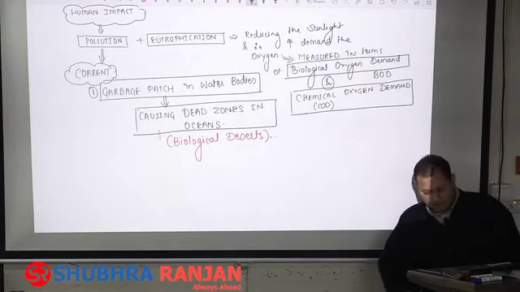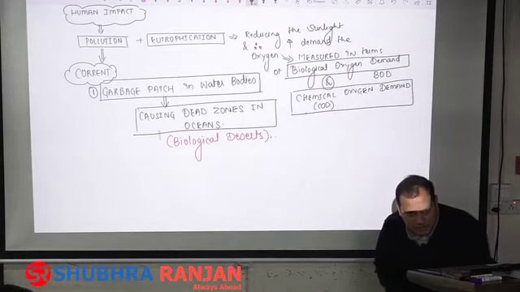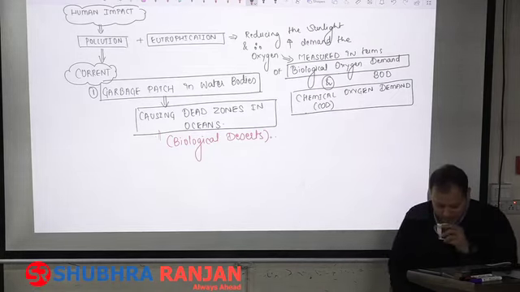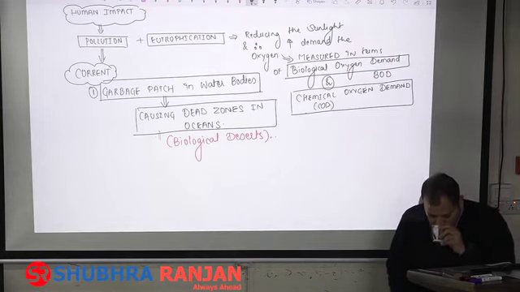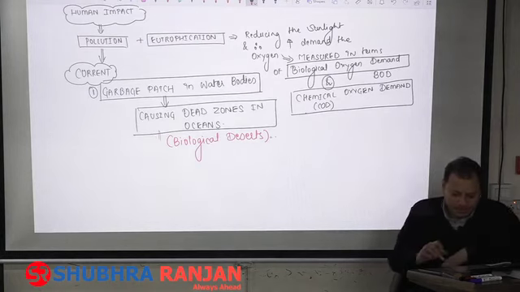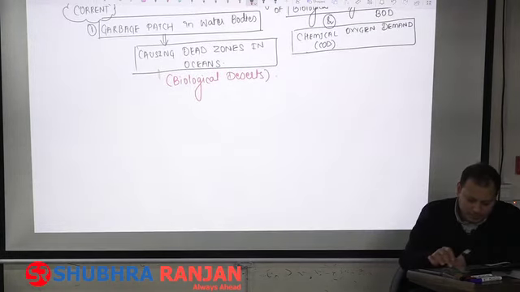Biological deserts. Desert means where nothing grows. So biological desert means where there is no life. The biological deserts. Why? Understand the process first.